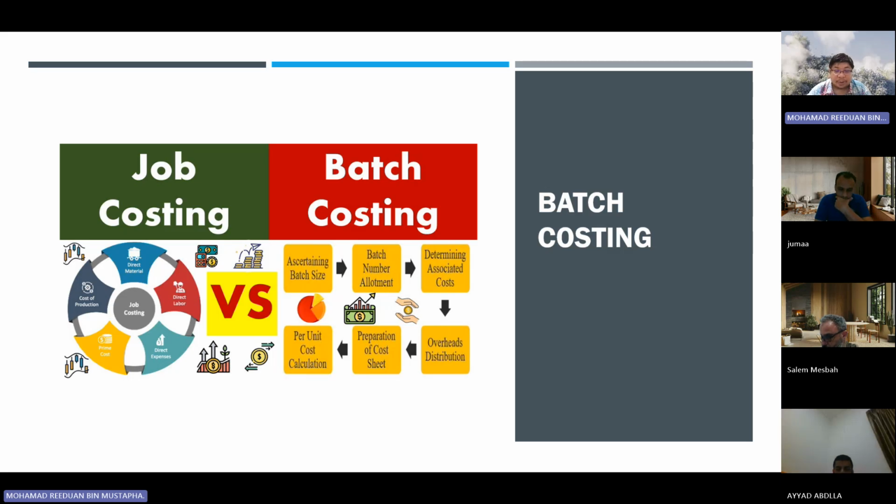Batch costing is part of job costing. Job costing can be done for one item, but sometimes the customer wants to order in big quantities. Not a specific order, like when they only want to customize one product, which is almost like a prototype. The cost is very expensive.